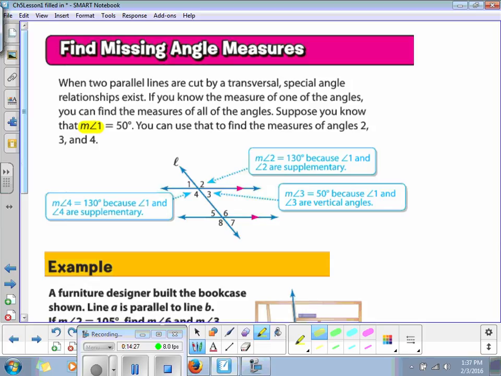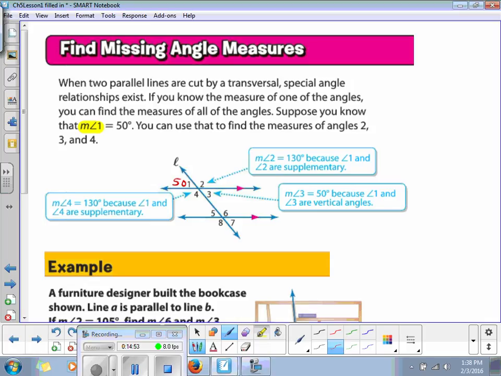The way you read this is the measure of angle 1. Okay? That is the measure of angle 1. So the measure of angle 1 is 50. We want to use that to find the measures of angle 2, 3, and 4.